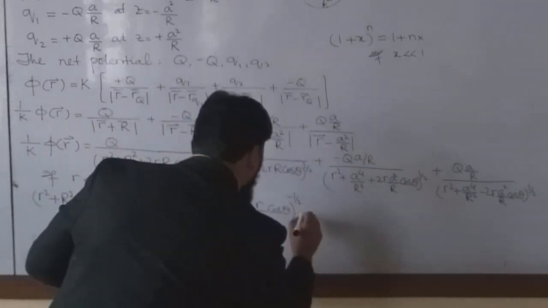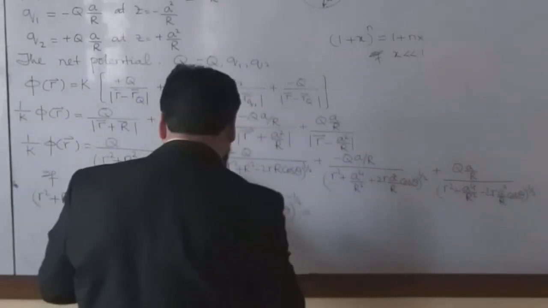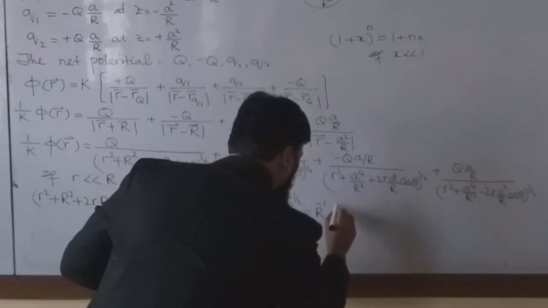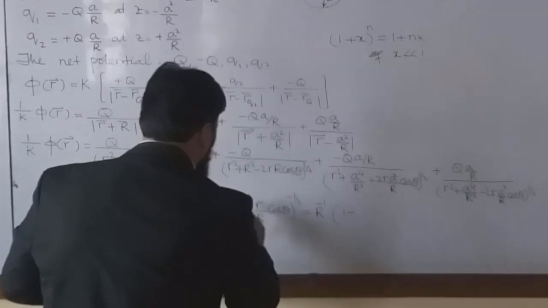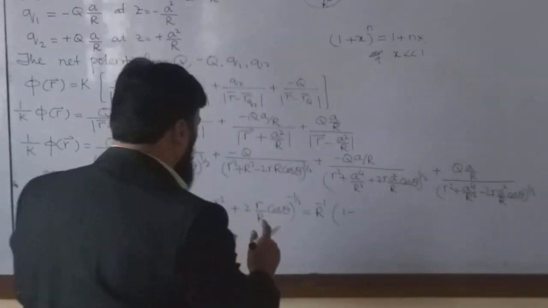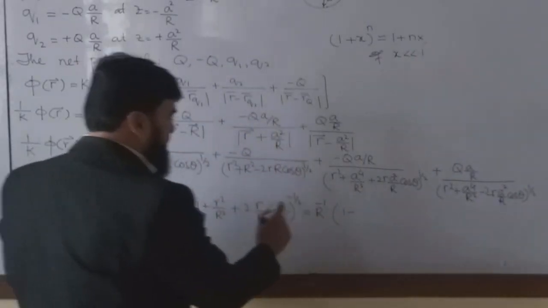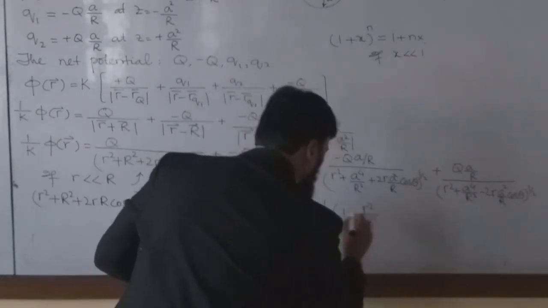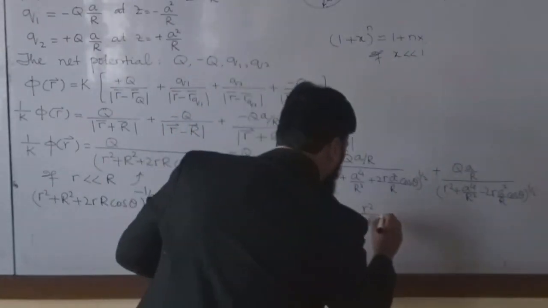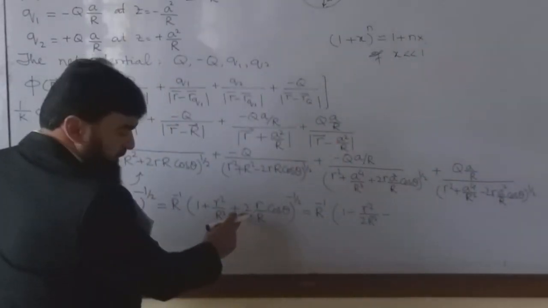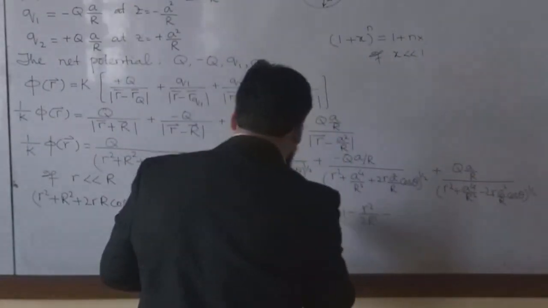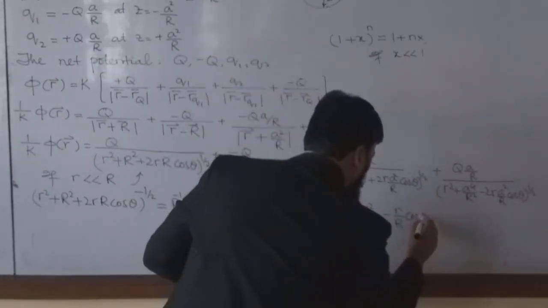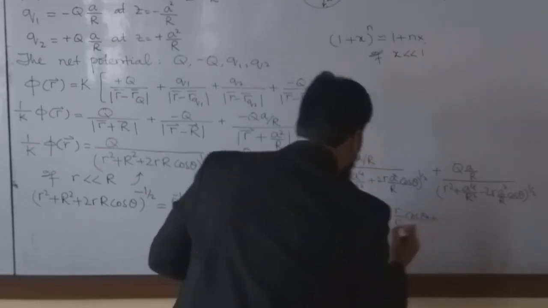So this will be equal to R minus 1 times 1 minus, since the power is minus 1 over 2, r square over 2R square, and then the minus 2 will cancel, and we will have minus r over R and cos of the angle and some other terms.